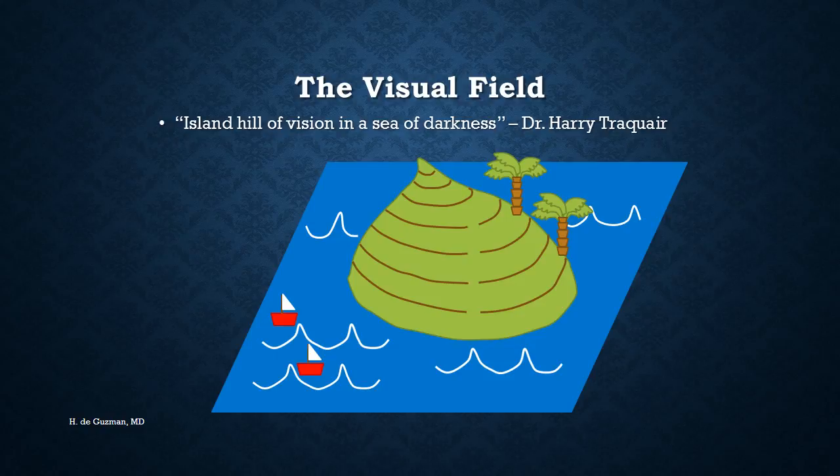So here's our sea. And in geography, we would orient ourselves using the directions north, east, south, and west. But in perimetry, we use superior, temporal, inferior, and nasal.